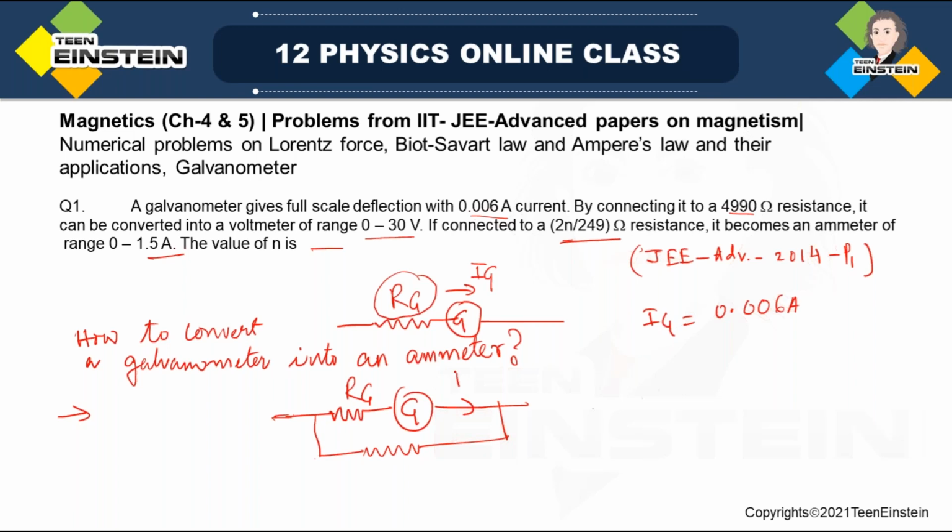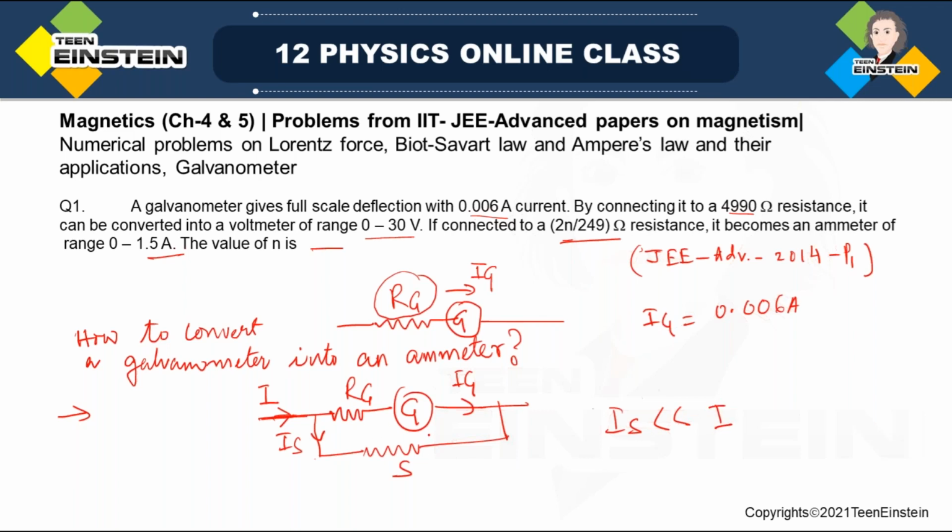So galvanometer current will be Ig, and the main current of the circuit, say I, will be divided into two parts. One will be through S, say Is, which is very less compared to this I.